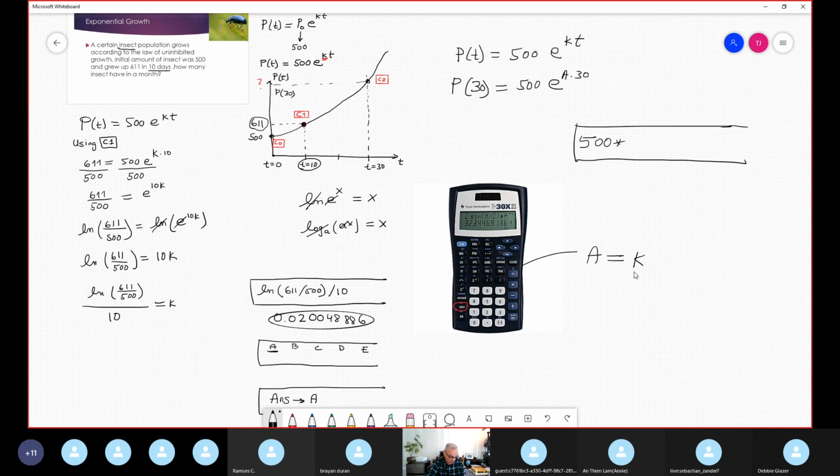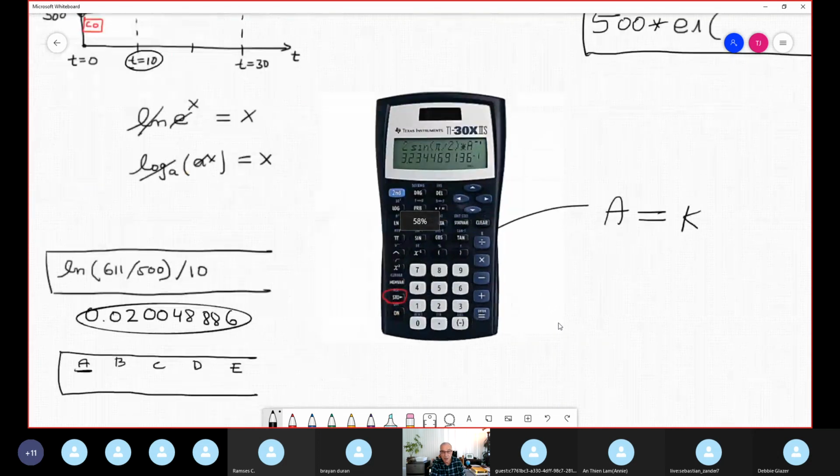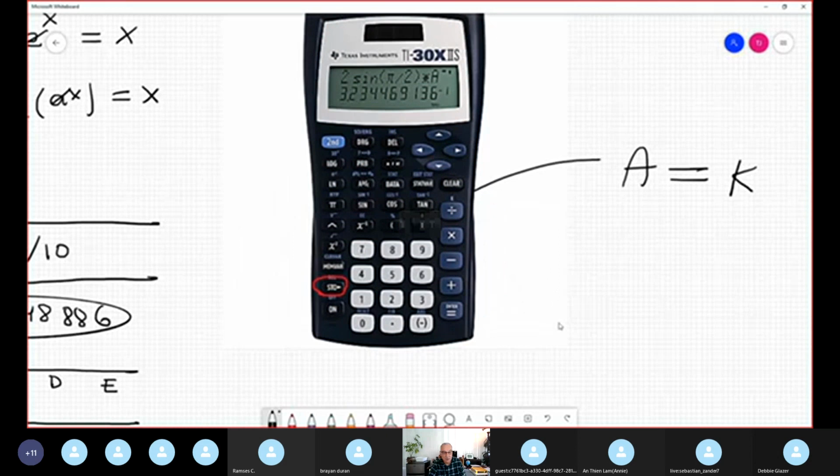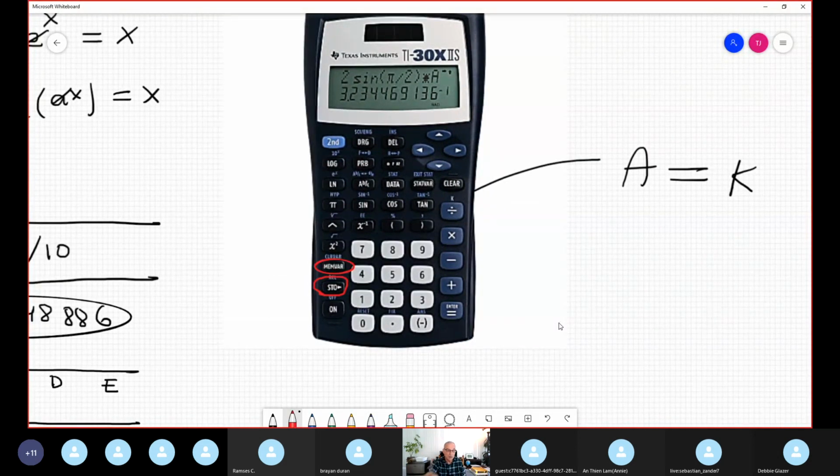e, remember e is the second function key, you see something like that. And inside you need to retrieve the memory A. Therefore, how are you doing that? You press this, look here, the memory bar key.